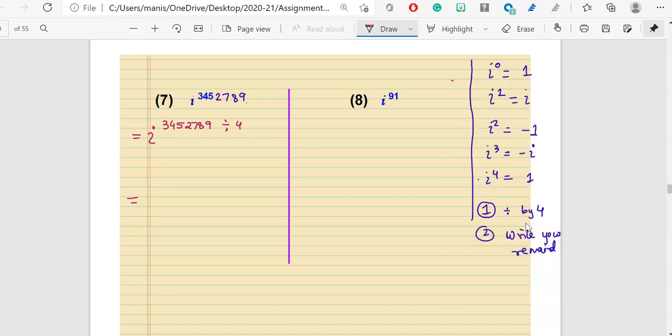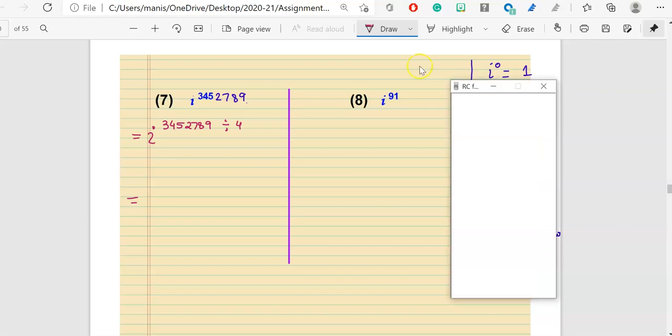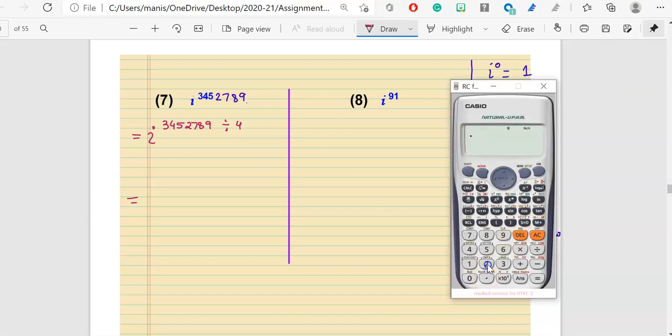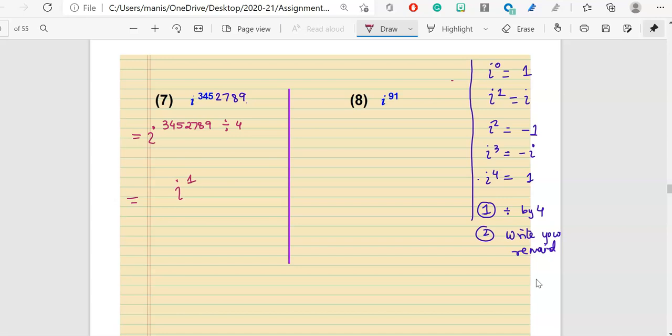So I will take my 0.25, as I was doing in my previous question, and I will multiply by 4. No 2, no 3, only 4 you will multiply. What is the remainder? 1. So your remainder for this is 1, and my answer is i, because i to the power 1 is i. Let's take one more question, a big one.